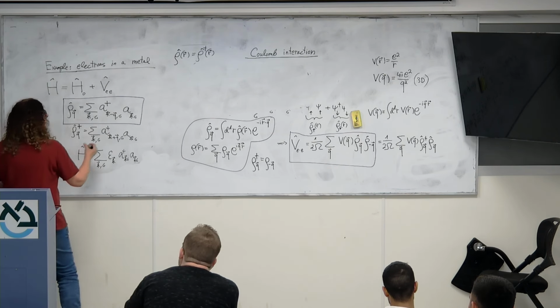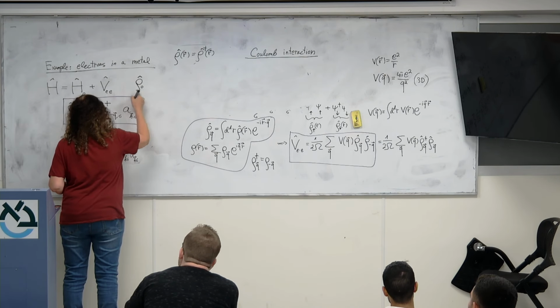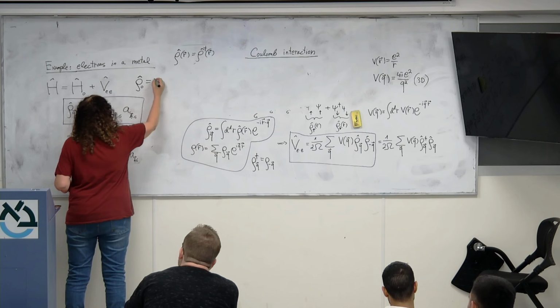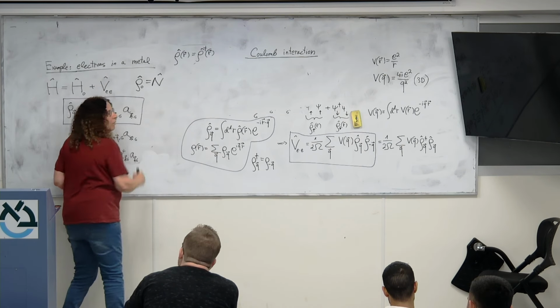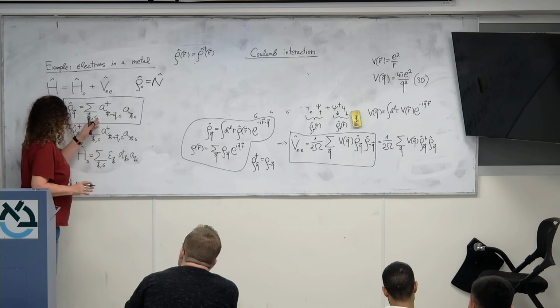So rho 0, the zeroth component, is just n, right? Just the total number.